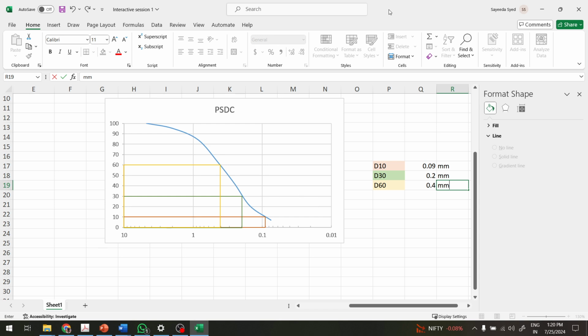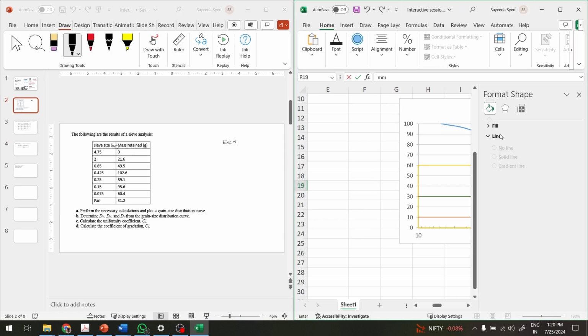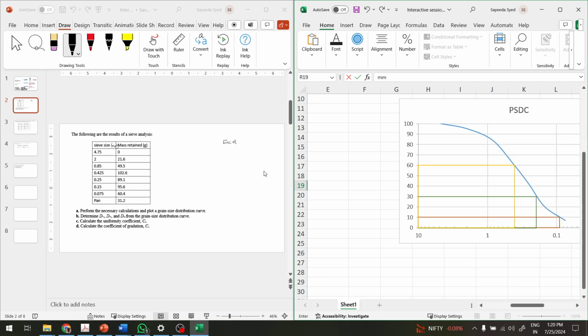So we have completed the second part of this question, and we have calculated D10 as 0.09 mm, D30 as 0.2 mm, and D60 as 0.4 mm.